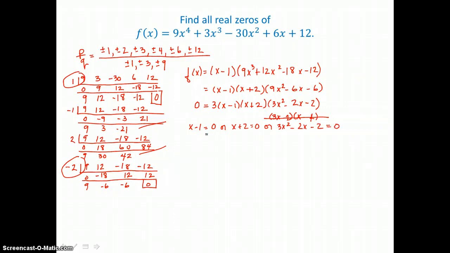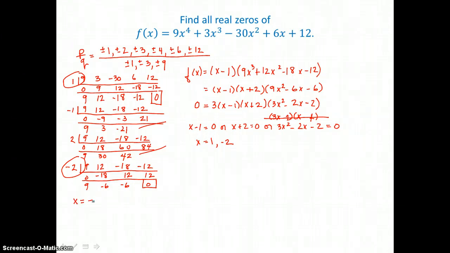Okay, so solving for x, I'm going to find that x is equal to 1, or x is equal to negative 2, or here I'm going to have to use the quadratic formula to solve for x since it didn't factor.